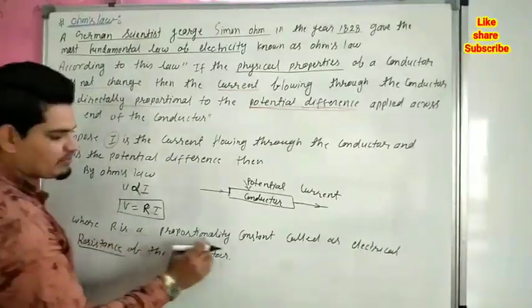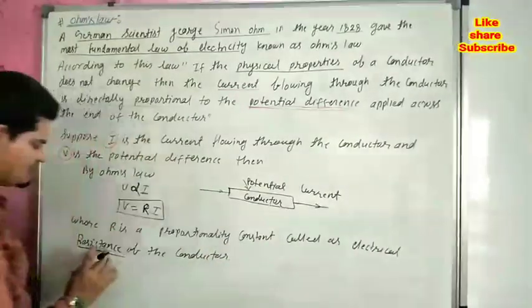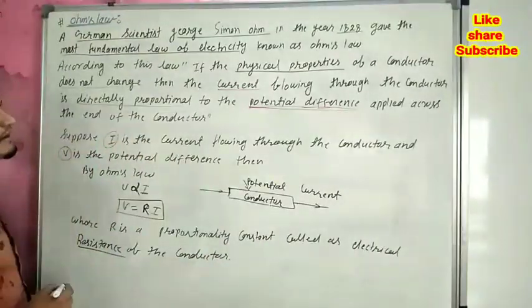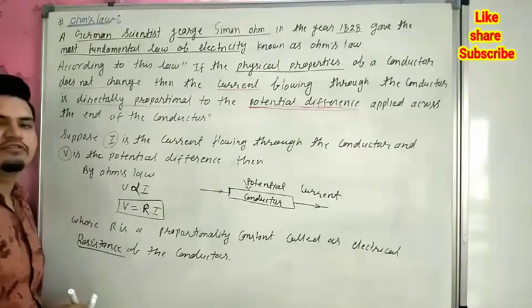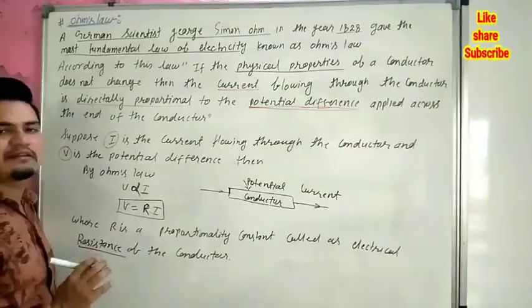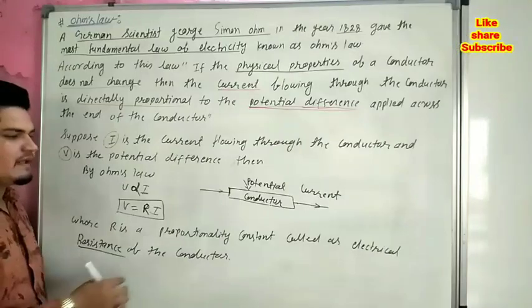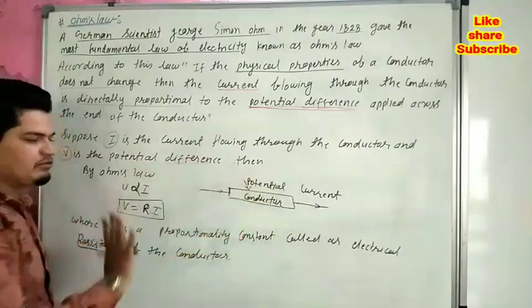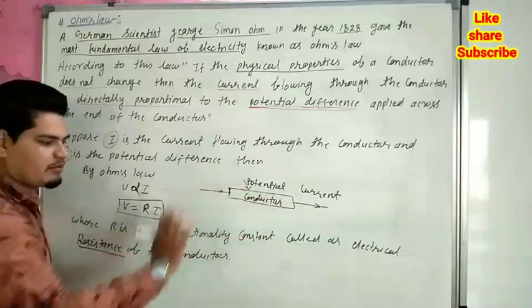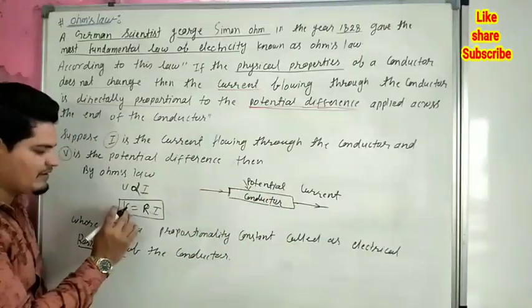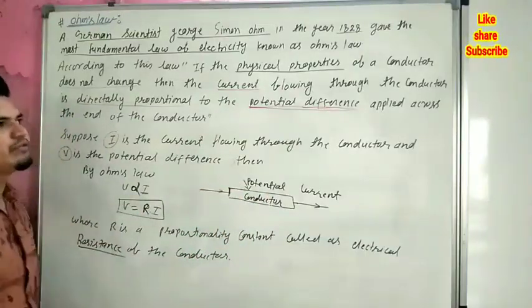R is the proportionality constant, called the electrical resistance of the conductor. So it is very easy. You already studied it in 10th class, and now you have to study Ohm's law again. Ohm's law says current is directly proportional to potential. We can remember V equals R I. Now you can write it.